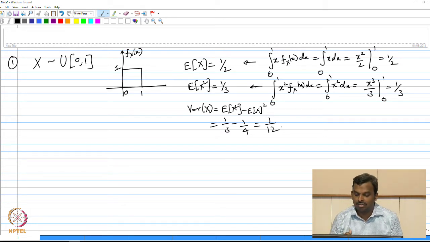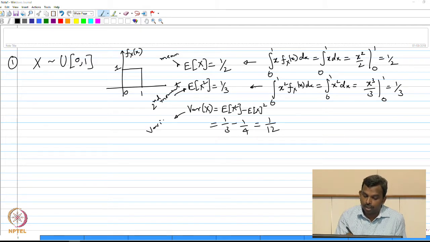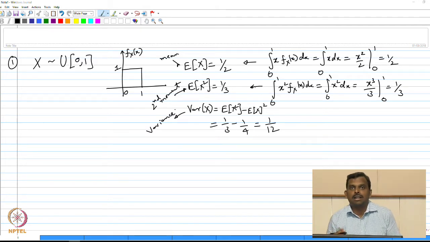I'm not saying this is the way to do it, but this is just a very simple prototypical example of computing mean, second moment, and variance. This is called mean or expected value of x. This is the second moment. This is the second centralized moment or variance. These calculations are what people call bread and butter calculations. Given any PDF, you should be able to do this.